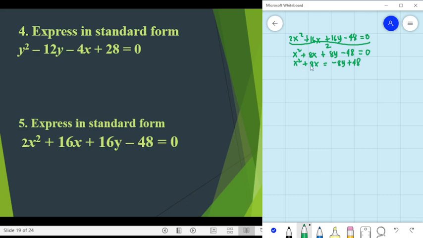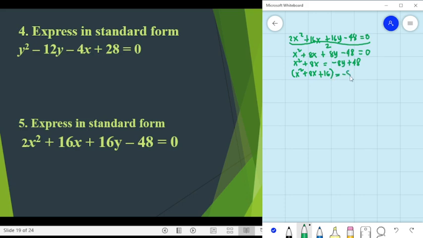Then, completing the squares, we have x squared plus 8x. Divide 8 by 2, which is 4. Squaring 4, it becomes 16. Is equal to factoring -8y plus 48.